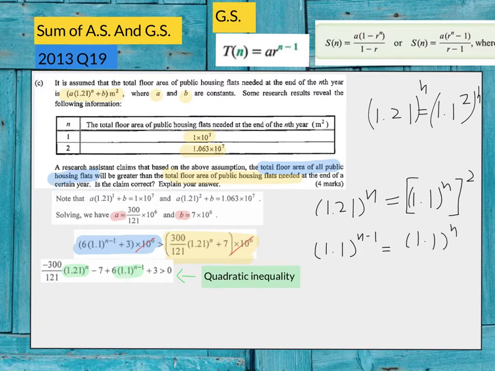So how to handle minus 1? That means it is divided by 1.1 to the power 1. Okay. So to simplify, you can multiply 121 on both sides. In this solution, it's also divided by 4, but it doesn't matter, okay? But it is more important to multiply by 121 because then we don't have any fraction.